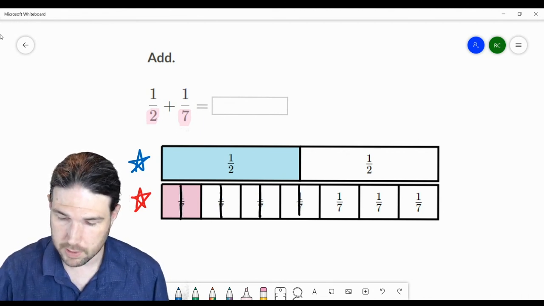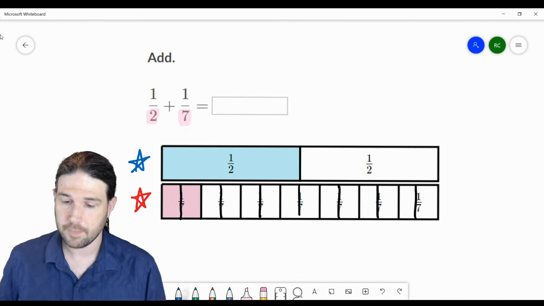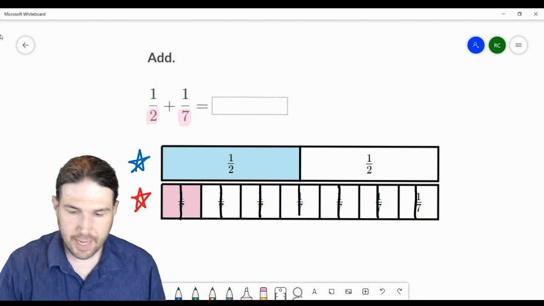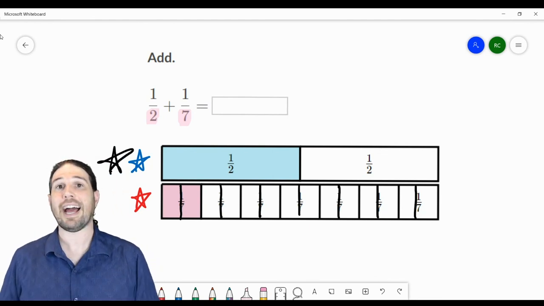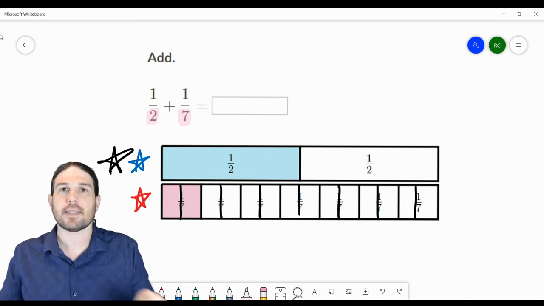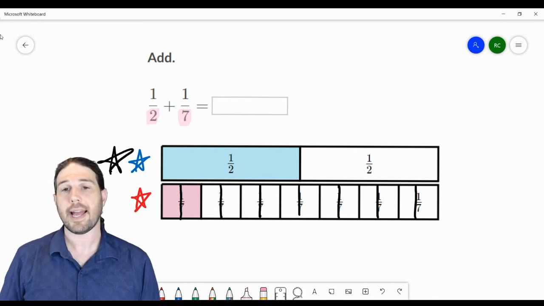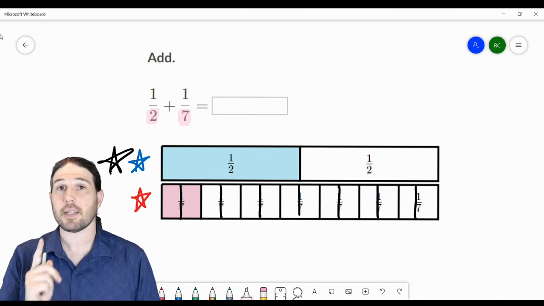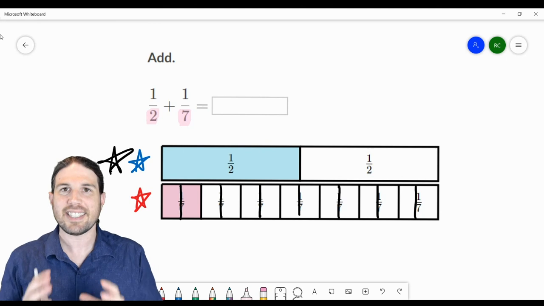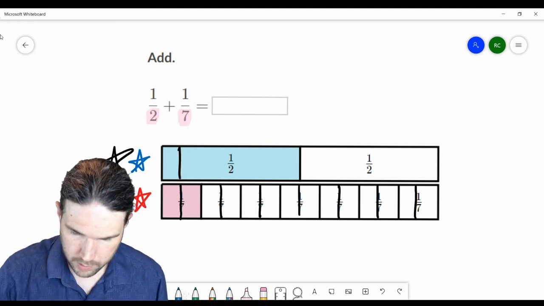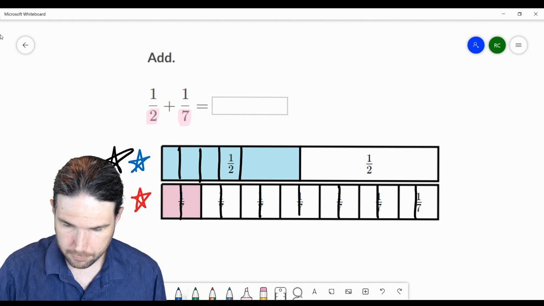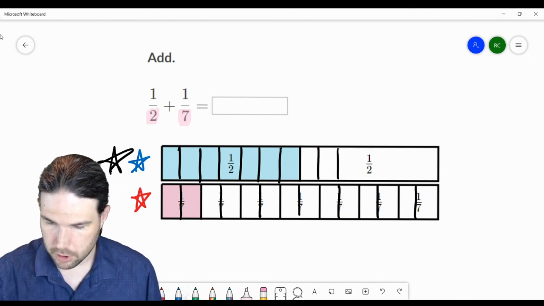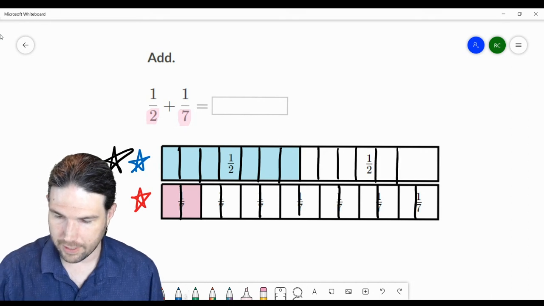Essentially, because this cake up here is cut in half, I'm taking each of the pieces of the bottom cake and cutting each of those pieces in half. Similarly, I am taking each piece of the upper cake and dividing it into 7. 1, 2, 3, 4, 5, 6, 7.